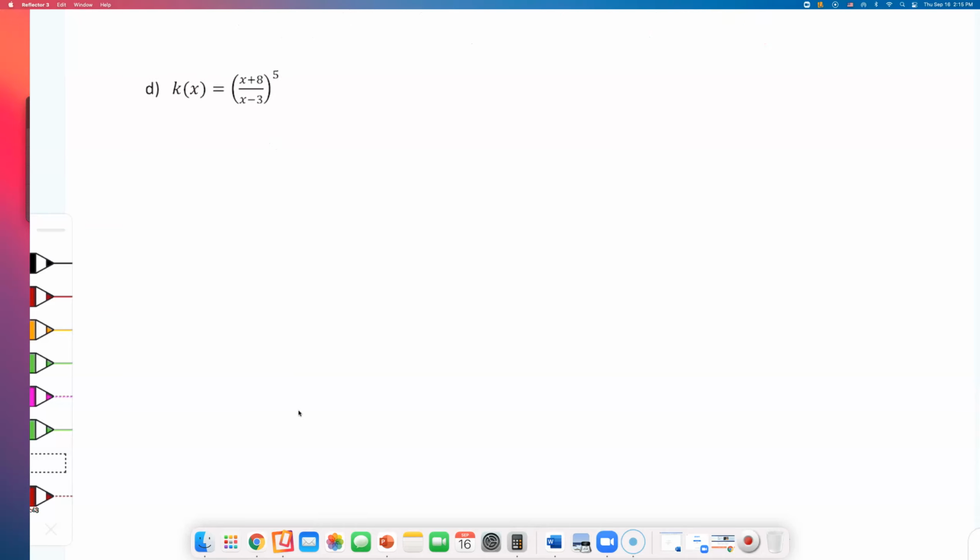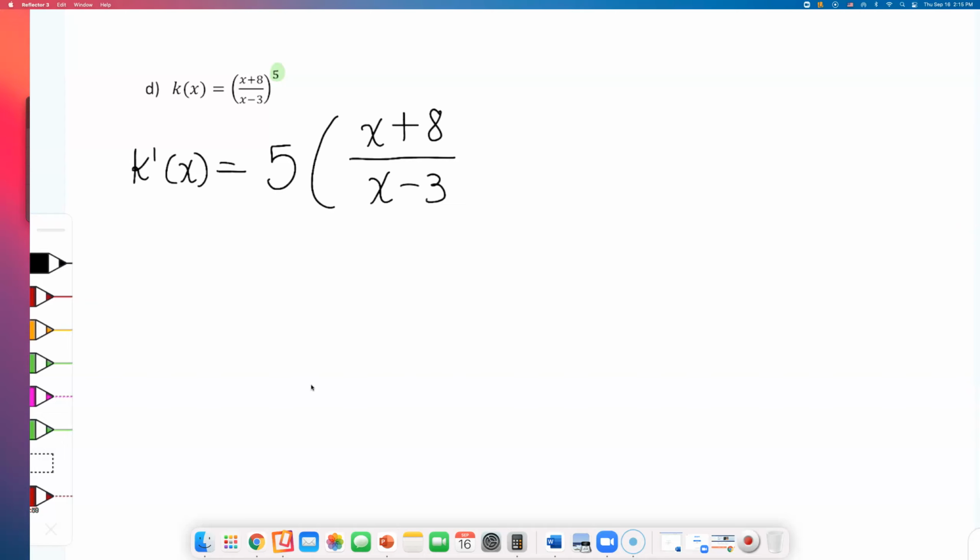Okay? Because, you know, the outside function is easy. If I take the derivative of this, k prime of x, I just need to bring down that exponent of 5 to the front, keep everything the same inside, and change the new exponent to 4. But you know, that's not it.